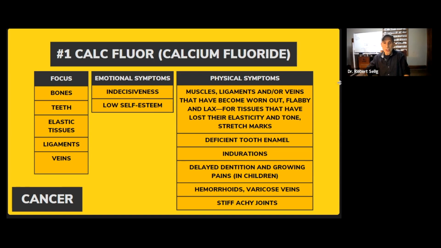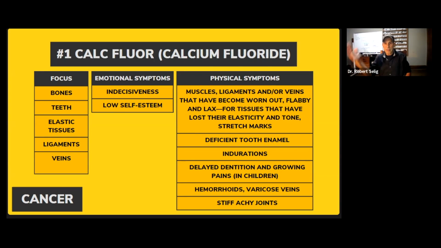So calcium fluoride is great when we see very lax ligaments, where you can bend them from here to eternity, and there's no strength and resiliency in them. So they're just very loose, but they don't have the strength. This is where calcium fluoride may be wonderful.